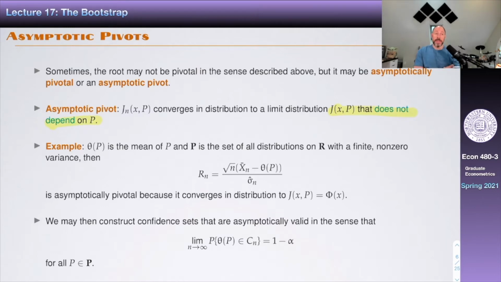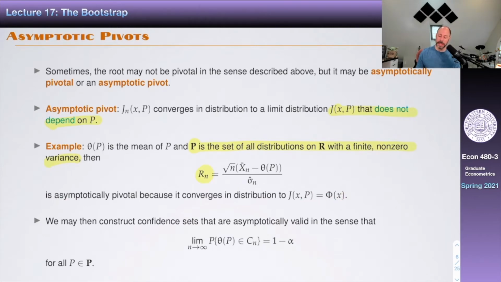An example, the same one that we had before, but a lot more general. Here, theta(P) is the mean of P, and bold P is the set of all distributions with finite non-zero variance. So this is the set of distributions where we can apply a central limit theorem. And so in this case, the root, that is square root n times x bar_n minus theta(P) divided by an estimator of the standard error, is asymptotically pivotal because we know by the CLT that it converges to standard normal.